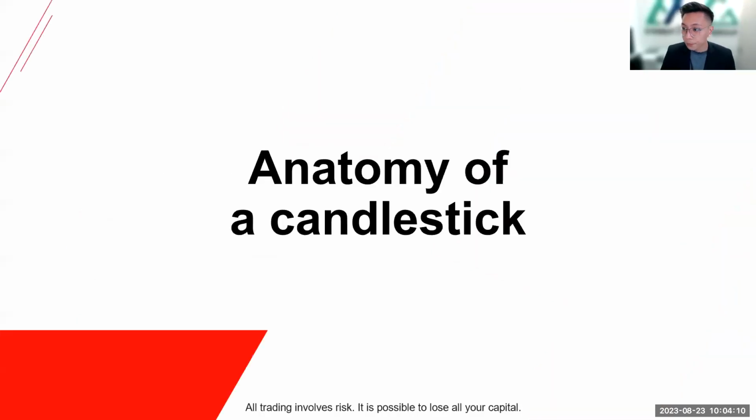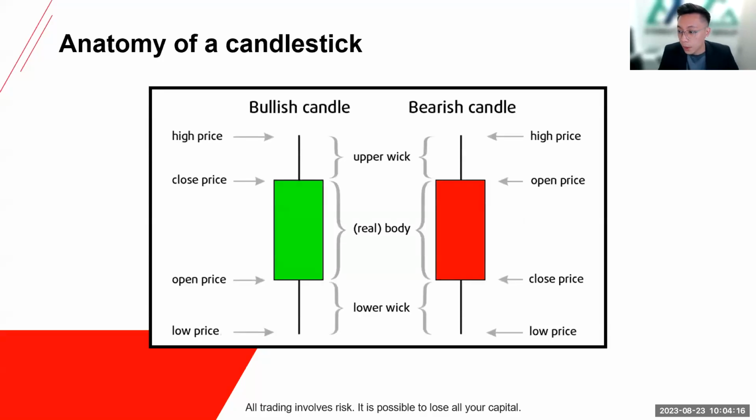Okay. So moving on to the anatomy of a candlestick. I'm pretty sure that if you have been trading pretty frequently and for a rather long time, you understand that if you see this bullish candle right over here, the open price will be from the bottom.